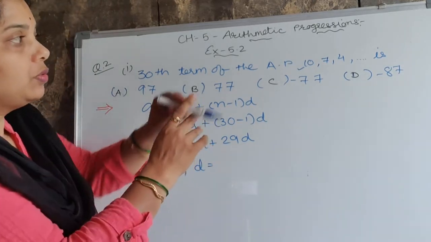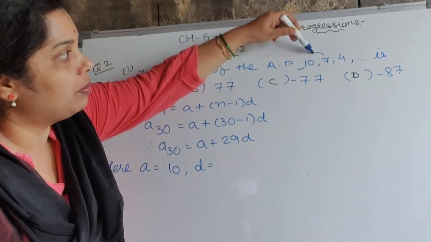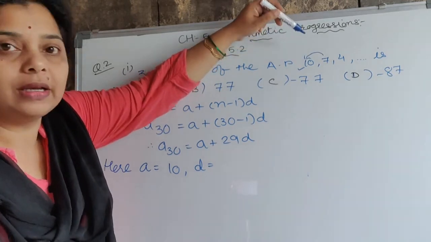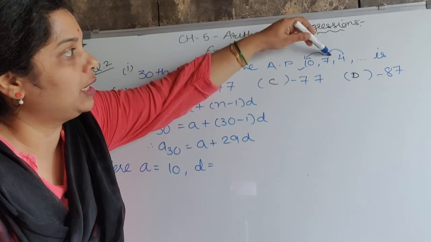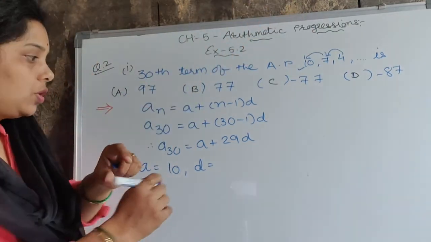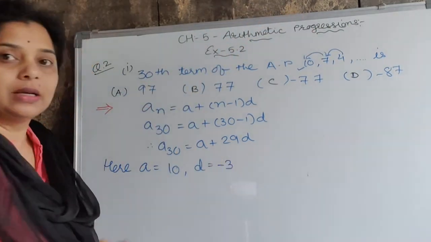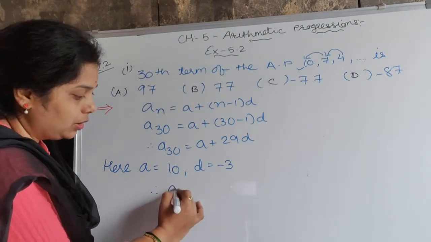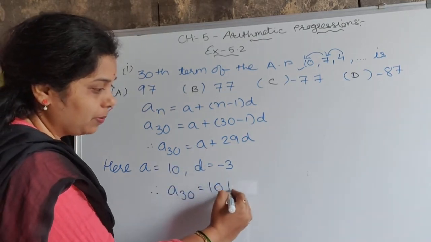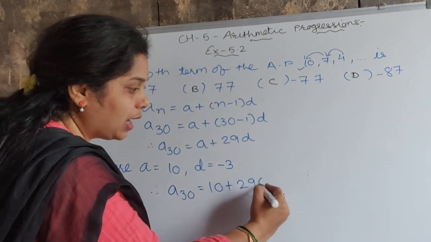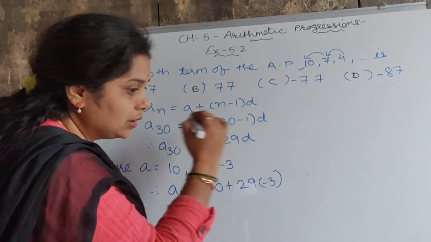So 7 minus 10 is equal to minus 3. 4 minus 7, again minus 3. So in short, the common difference is minus 3, and therefore A30 is equal to 10 plus 29 into minus 3.